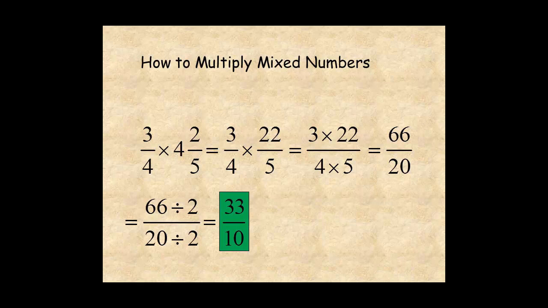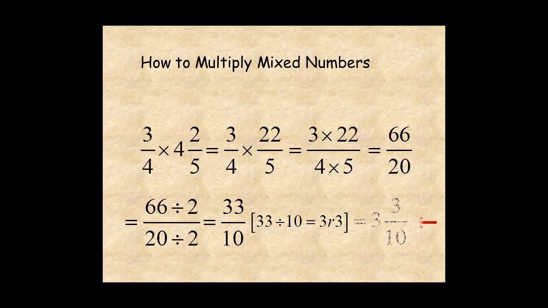Since this is an improper fraction, divide 33 by 10 for 3, remainder 3. And the final product is 3 3/10.